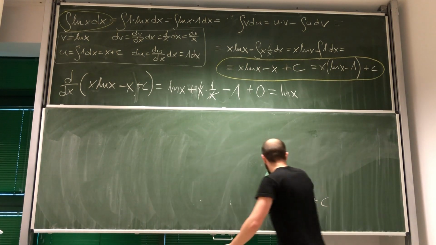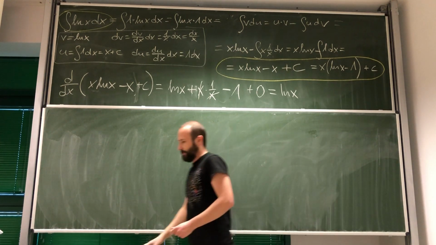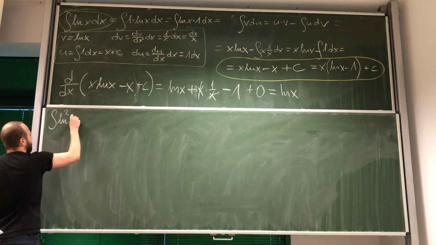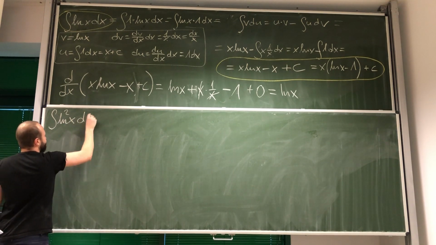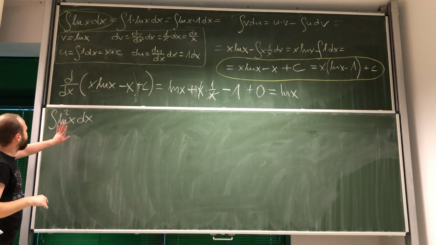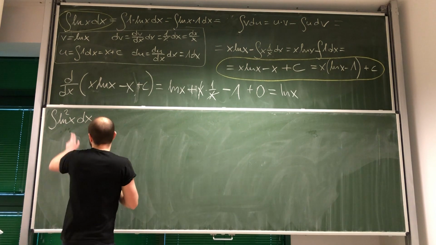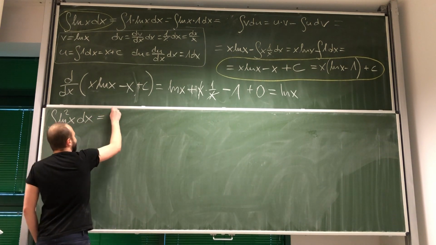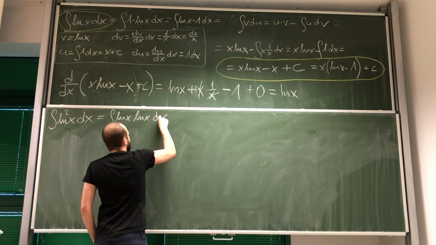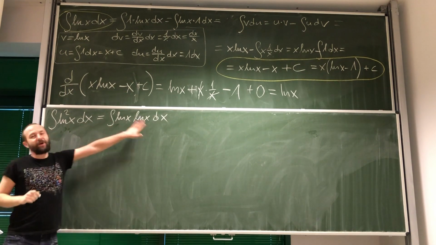We're going to have to integrate ln squared x dx. Okay, right away, there is a tempting thing to do. Because we've got ln squared x, why not write it as ln x times ln x dx? Because we have two ln x's.